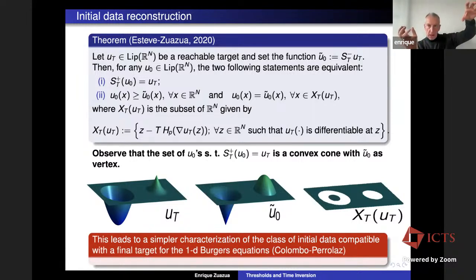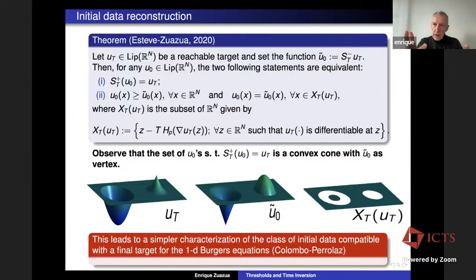All other initial data that are compatible with the target are those that are above U0 tilde, and in the set of regularity of U0, in the set where the solution of Hamilton-Jacobi is just given by characteristics without any collisions and any caustics, any singularities, in that set, it has to coincide.